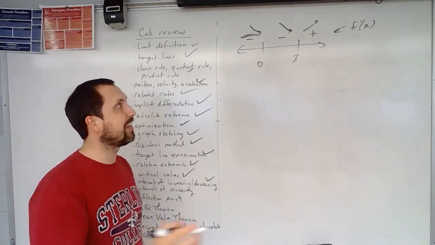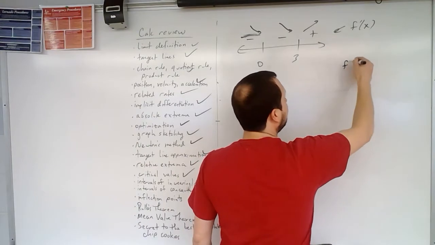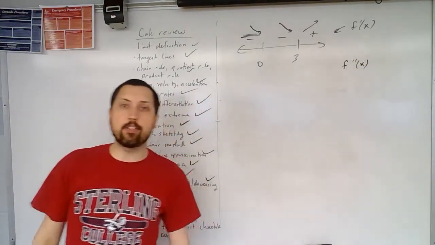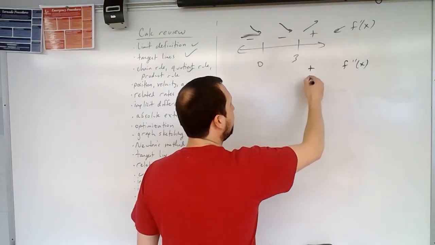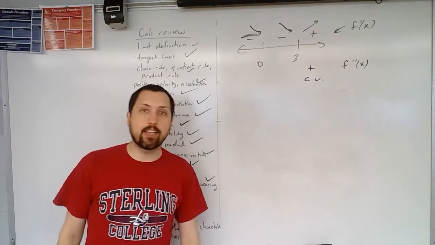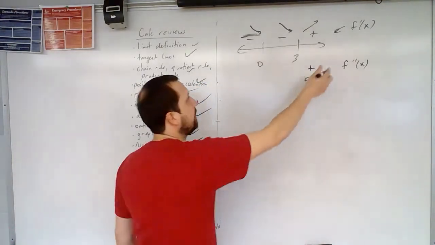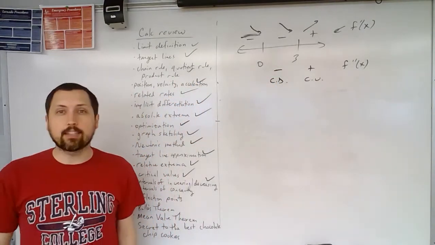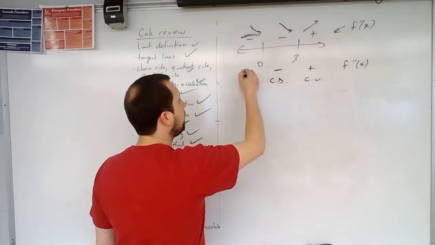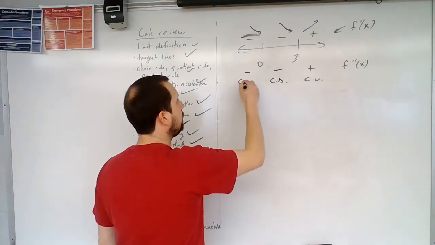But intervals of concavity, if we look at the second derivative, that tells us concavity. So if my second derivative is, say, positive, this means that my function is concave up on that interval. If my second derivative is negative, that means my function is going to be concave down. And then here, let's say, again, this is maybe negative.